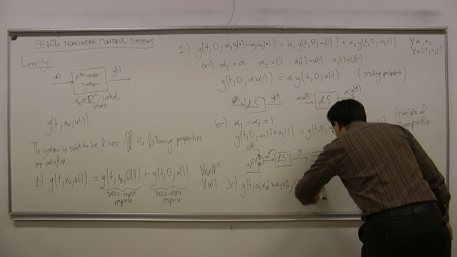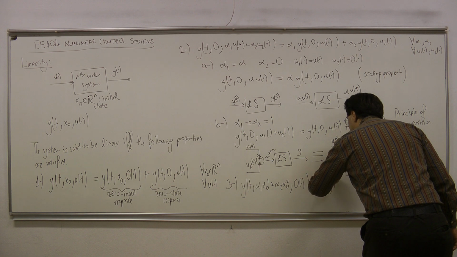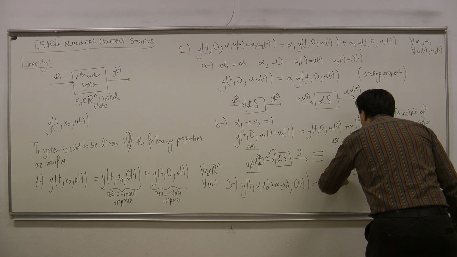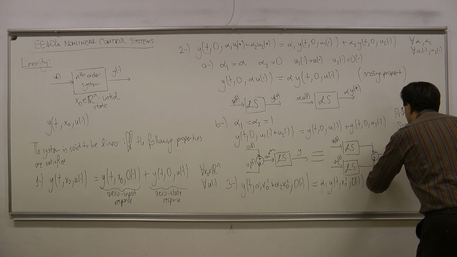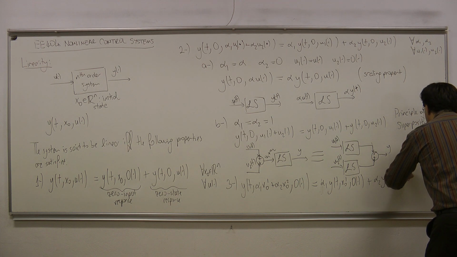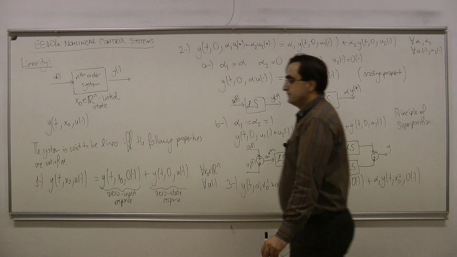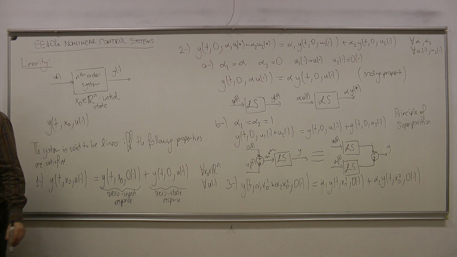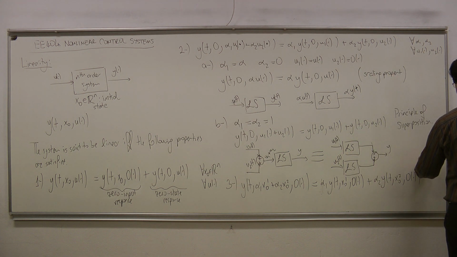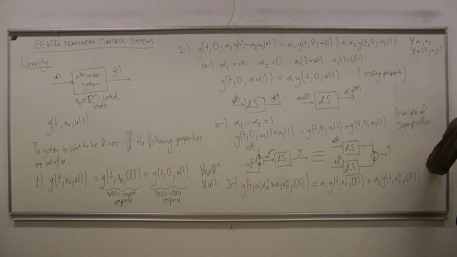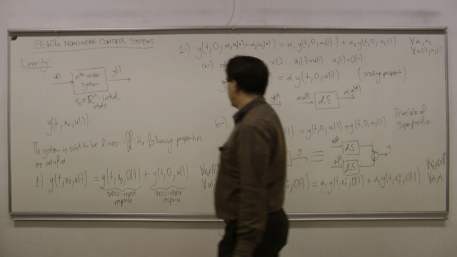That is going to be equal to alpha 1 y of t with x0 1 and zero input, plus alpha 2 y of t with x0 2 and zero input. This is the third property, and it should be correct for all x01, x02 in Rn, and for all scalars alpha 1, alpha 2.